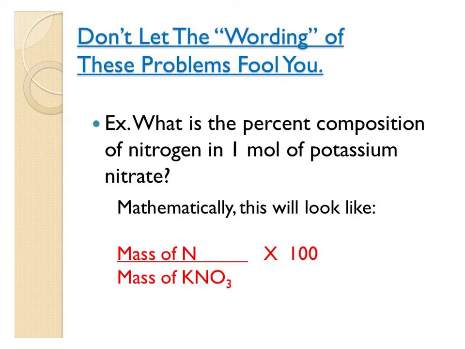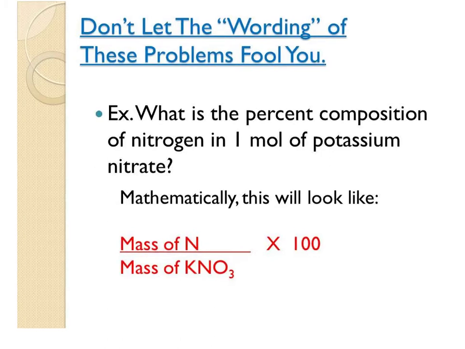So mathematically, to get the percentage of something, you have to put the part over the whole. So what this would look like mathematically is the mass of the nitrogen over the mass of the potassium nitrate. Just in general, how you find out the percentage of something, you take the part divided by the whole, and then you multiply it by 100.